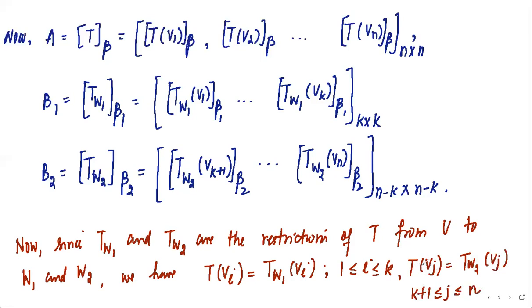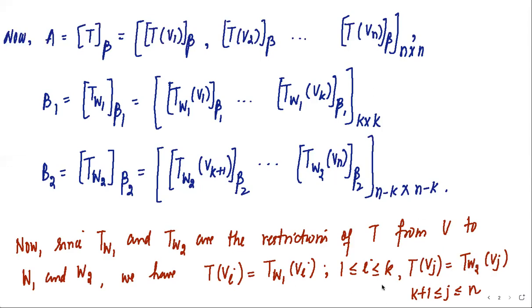So for Vj from k plus 1 to n, T of Vj is equal to TW2 of Vj, and this also comes from the definition of the restriction TW2 from the linear operator T.